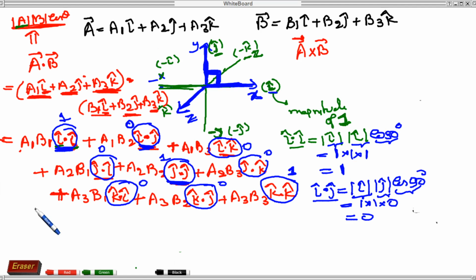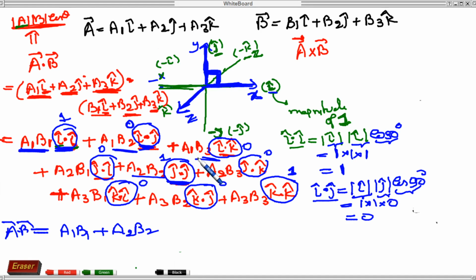So what will be the answer for this a dot b? For these two vectors, that will be a1 b1 plus a2 b2 plus a3 b3, because the other terms will become 0.